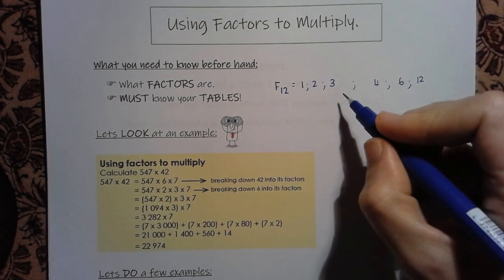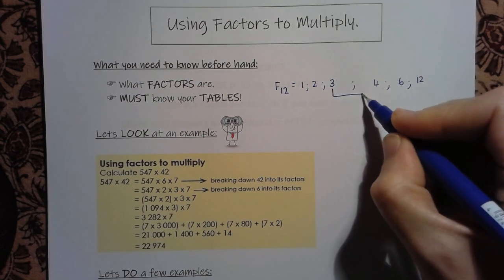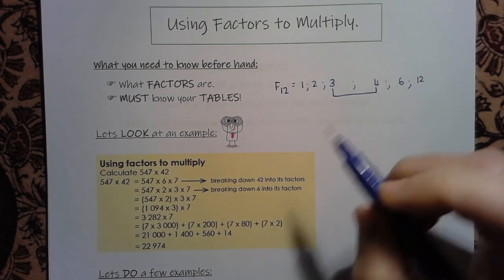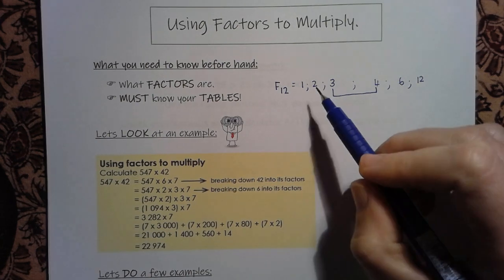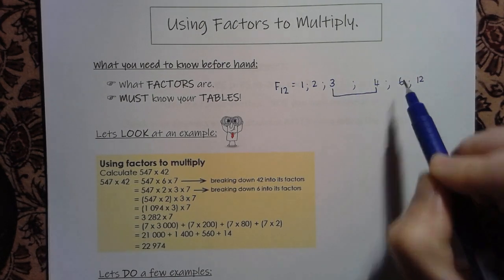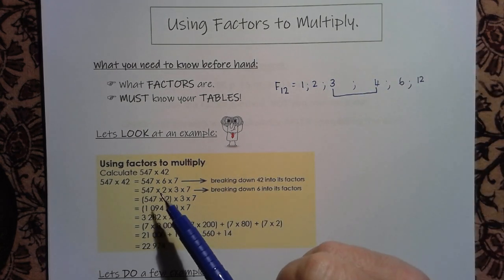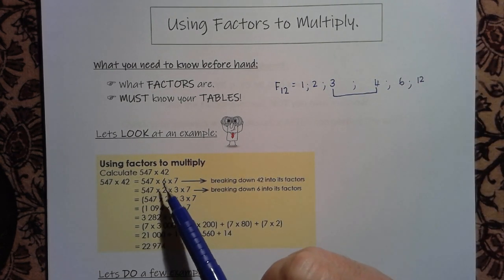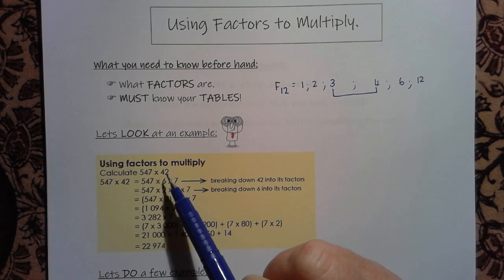So if I say 3, its partner is 4. Okay, so 3 times 4 equals 12. If I say 2, the partner, the factor pair of 2, would be 6. So that's what we do here. If you look at 42, you don't only think of one factor that divides into 42.